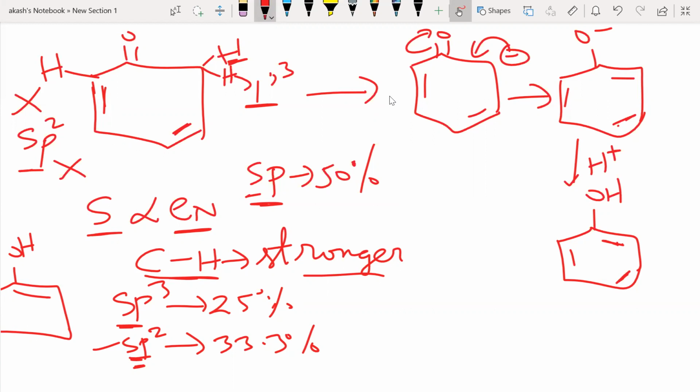Anybody knows what is the name of this compound? It's phenol, sir. Exactly. This is phenol, very important industry-wise and for chemical synthesis. Every way, this is very important.